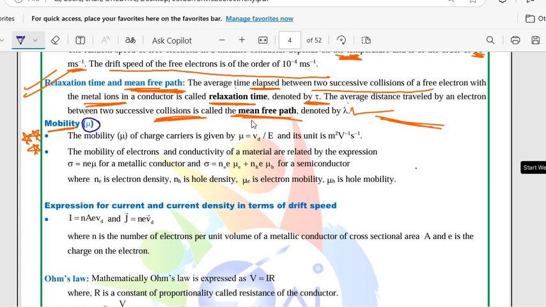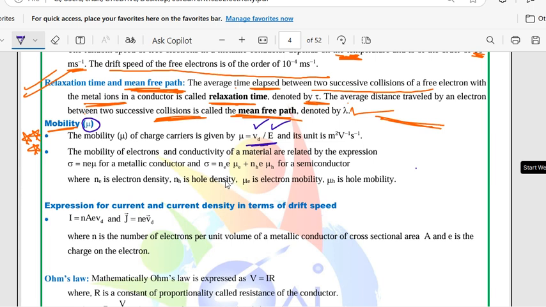Here I have derived the drift velocity Vd, and E is the electric field. So can we say that the mobility of a current carrier is the ratio of the drift velocity of the current carrier in a material to the applied electric field E across that material?